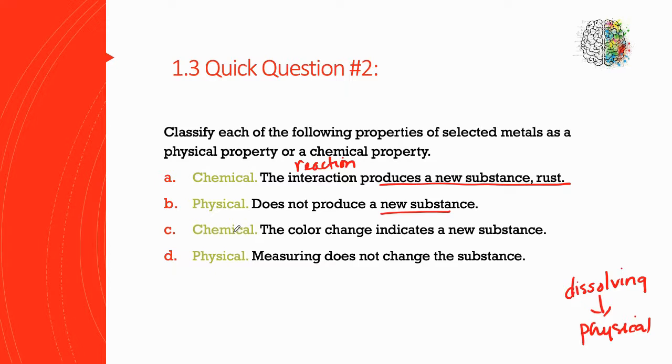And instead of saying nickel metal dissolves in an acid to produce a light green solution, they really should have said nickel metal reacts with an acid to produce a light green solution, because what's going on here is that you're producing a new substance, and that's why we have the color change, kind of like copper changing to green indicates a chemical reaction has occurred, and iron rusting illustrates a chemical reaction.